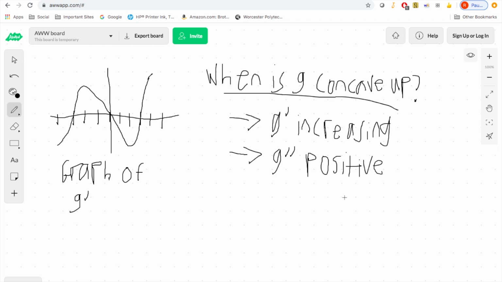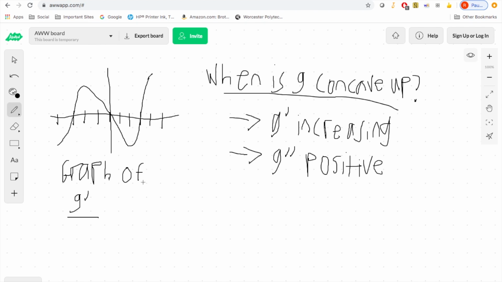Now that we know this content, it makes solving this problem pretty simple. We're looking for open intervals where G is concave up. Maybe I should say where is G concave up, but same thing here. Let's take a look at our graph of G prime. Now remember, this is very important. Look at whose graph it is.